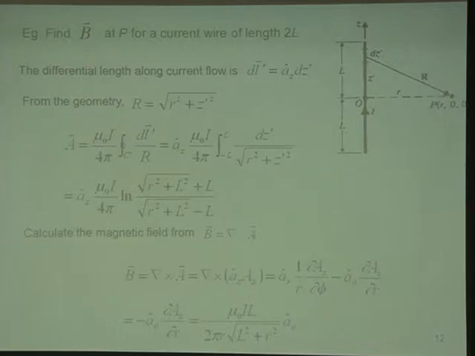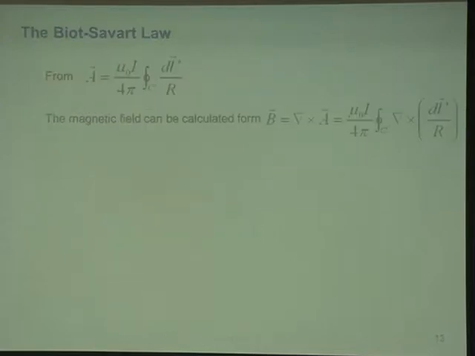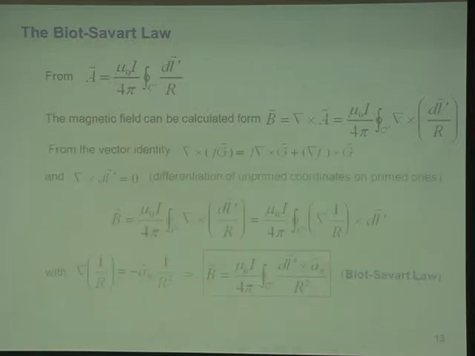Right? These are all problem-solving techniques, but most people will find this integration a lot easier because the direction of A is along the same direction as L, the same direction as the current. So you can choose whichever method you like, and find the one you think is simplest. OK. Any question?